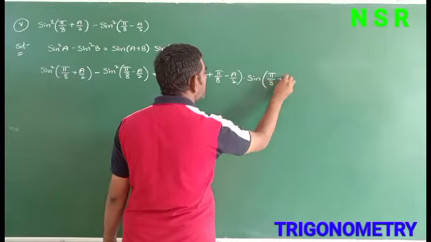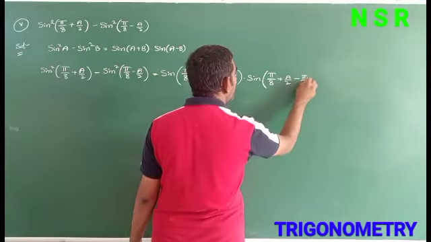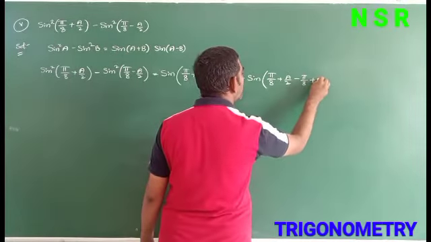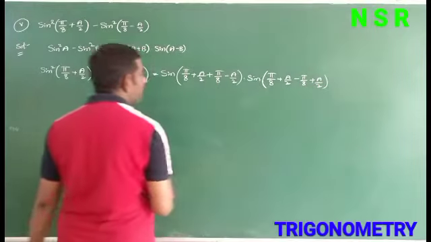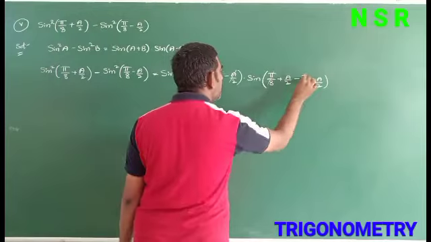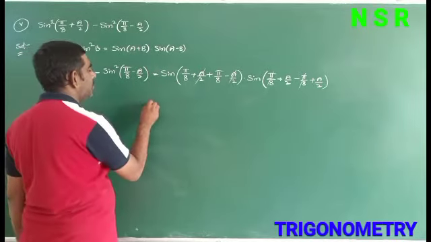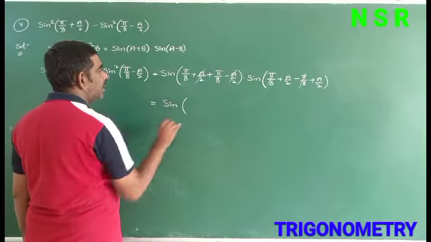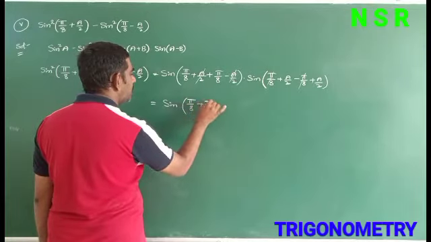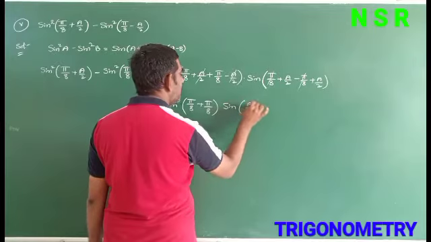Pi by 8 plus A by 2 minus (pi by 8 minus A by 2), so minus of this value gives minus pi by 8 plus A by 2. Now plus A by 2 and minus A by 2 cancel in one place, and plus pi by 8 minus pi by 8 cancel. Now sin(pi by 8 plus pi by 8) and sin(A by 2 plus A by 2).